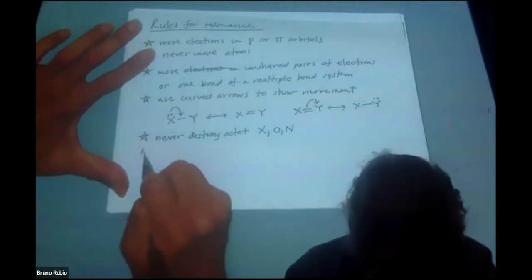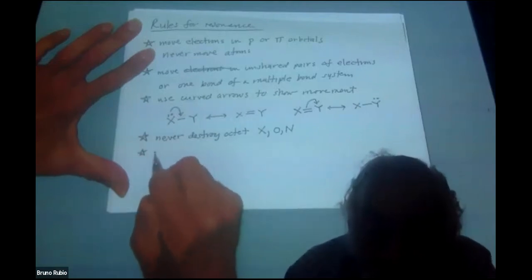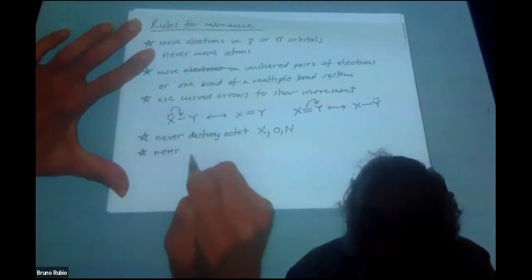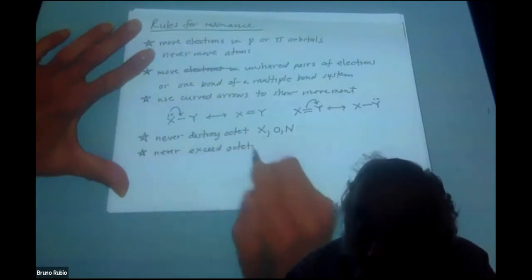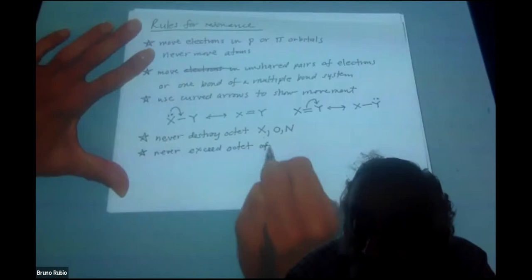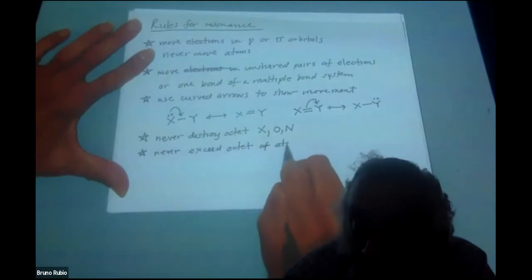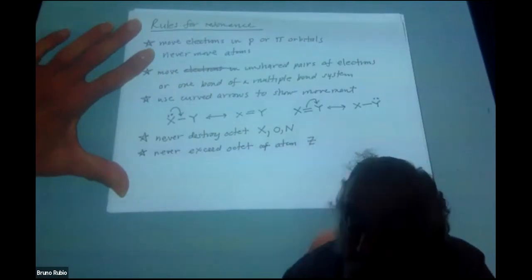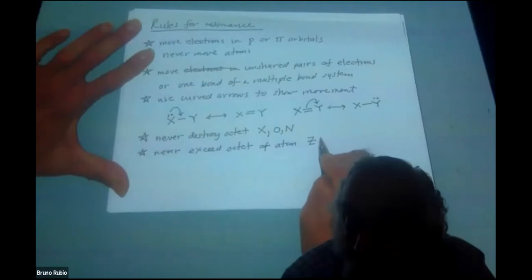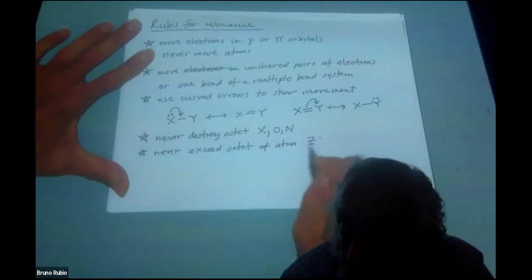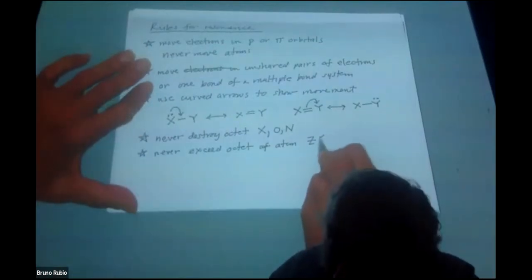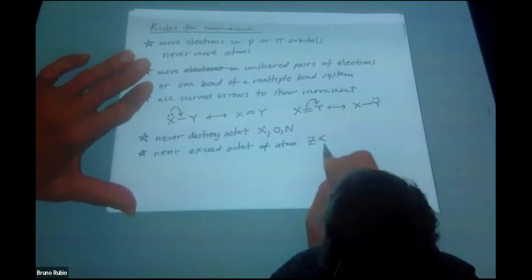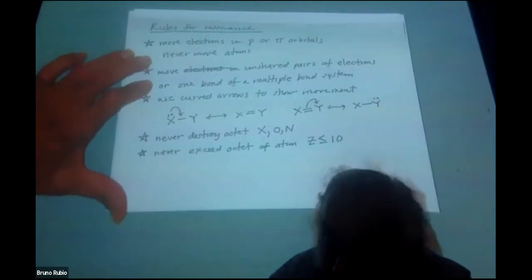Another rule of resonance is that you never exceed the octet of any atom whose atomic number is less than or equal to 10.